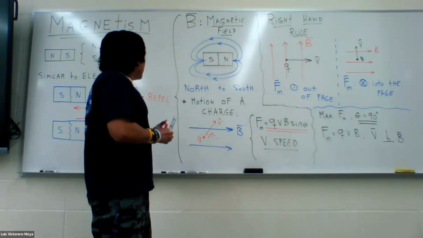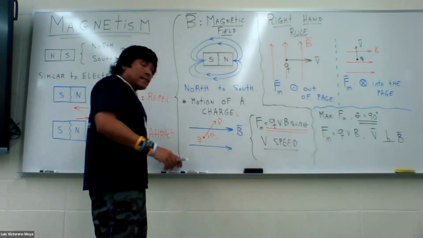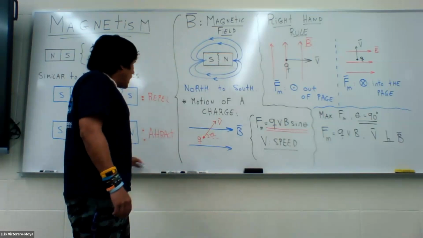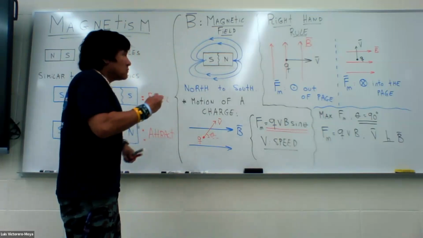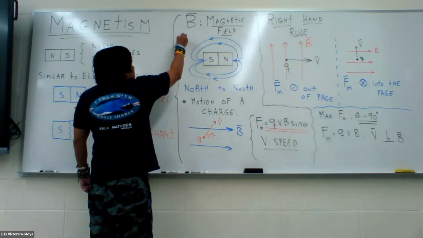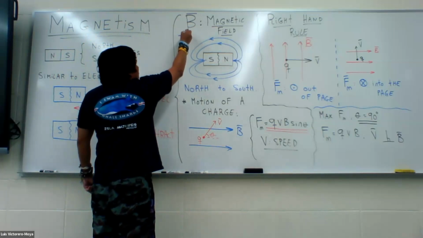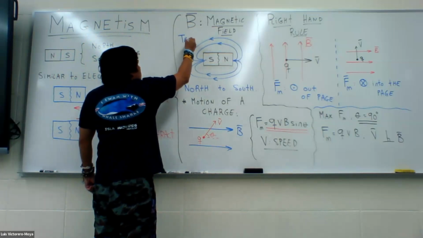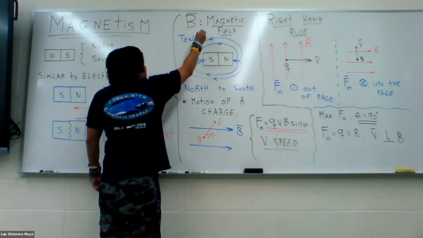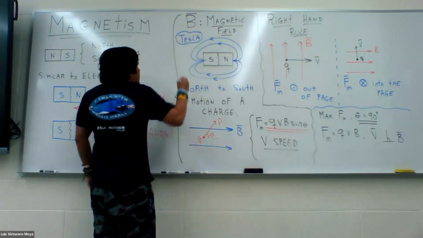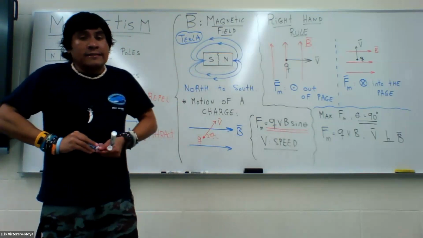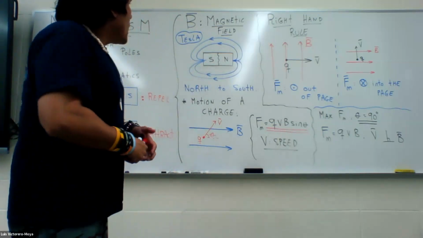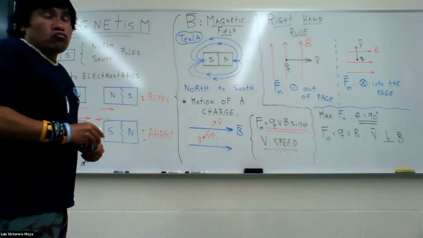Now, the units for magnetic field are at least a couple. We have the Tesla, of course, one of the pioneers of the study of the magnetic field and applications of magnetic fields, as you know, the Tesla coils, and also Gauss, right?